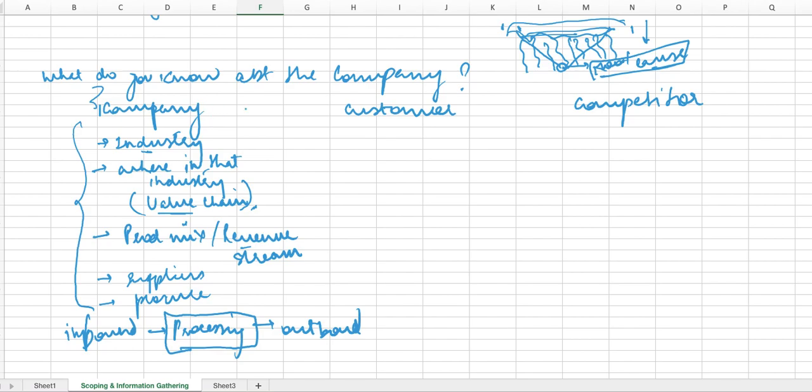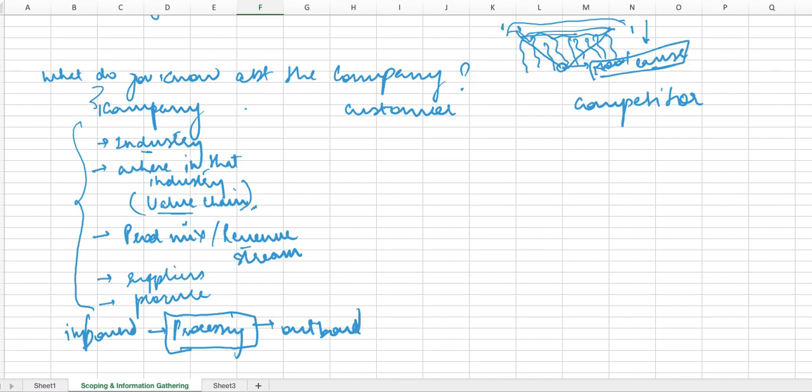Let's say somebody gets a pharma client. There the context is a little different. If somebody is given a case related to a textile client, then merchandising and all will come into the picture.